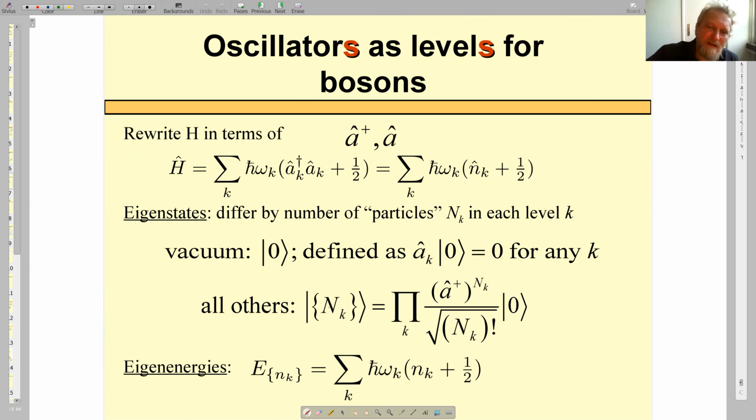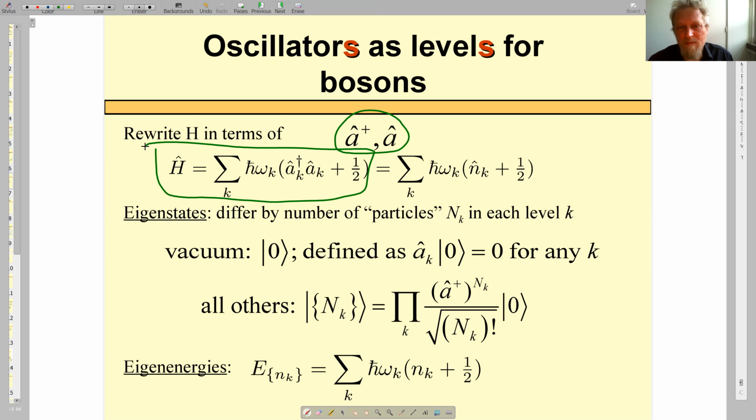We rewrite the Hamiltonian in terms of creation and annihilation operators. Here it is. So now it's a sum over levels, over oscillator modes. We'll see that the Hamiltonian can be expressed in terms of the particle number in each oscillator.